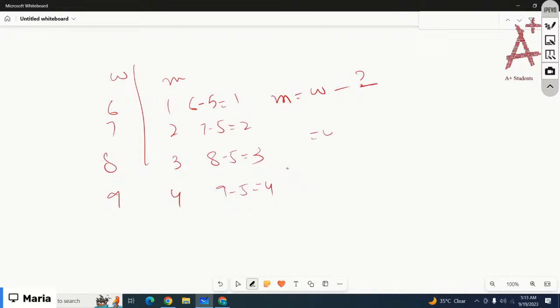That means the equation is m equals w minus 5, right? That's how you have to make the equations.